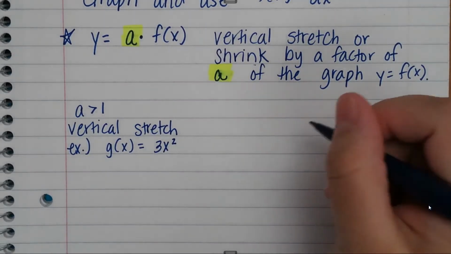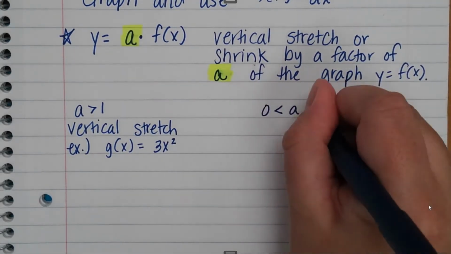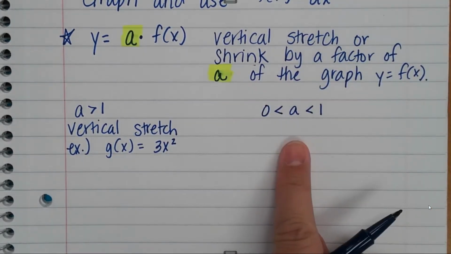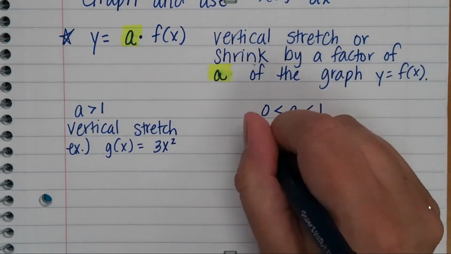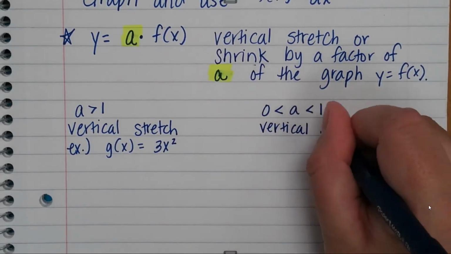Now, if a was between 0 and 1, for example, like a fraction, then this would be called a vertical shrink.